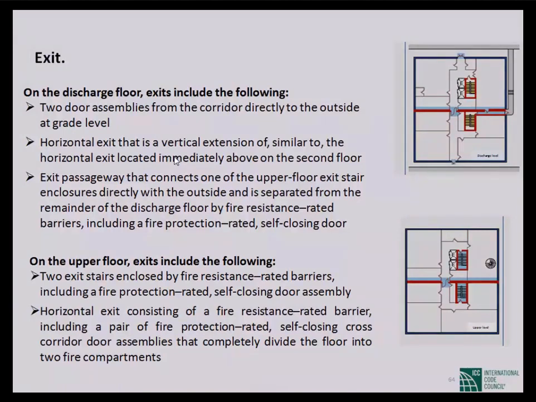You can see the blue line. Horizontal exit, that is a vertical extension of or similar to the horizontal exit located immediately above on the second floor. So horizontal exit from upper floor to lower floor.